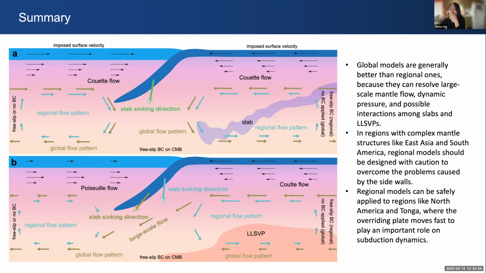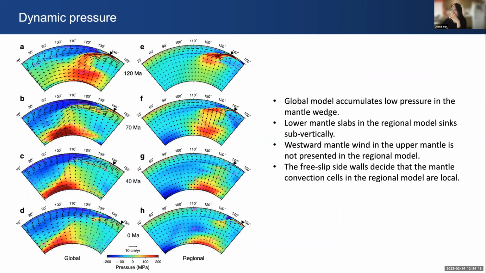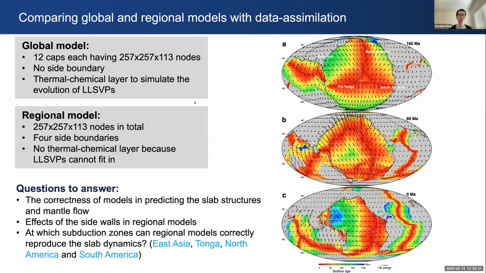So I'm just curious whether the only difference between the global and regional simulation is the boundary condition that drives the difference in correctness, or are there other additional data sets available in global simulations not used in regional ones? In this talk, they are the same except for the limited model domain for the regional model.